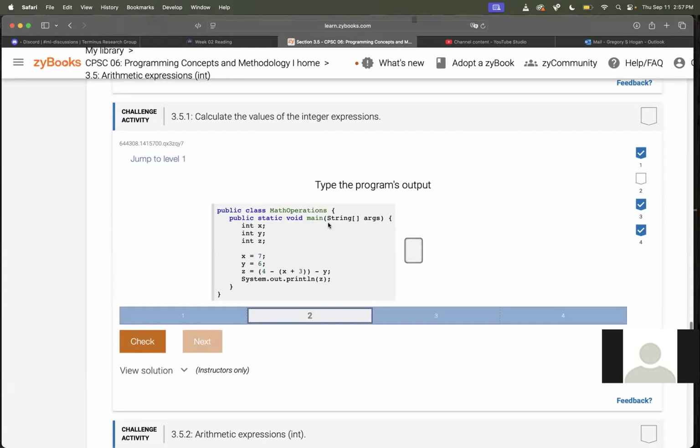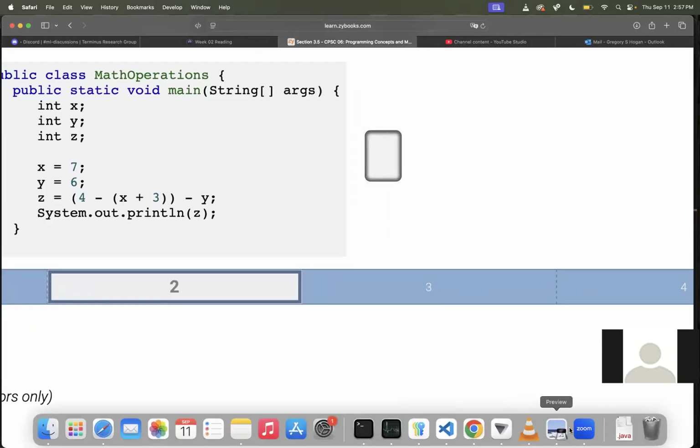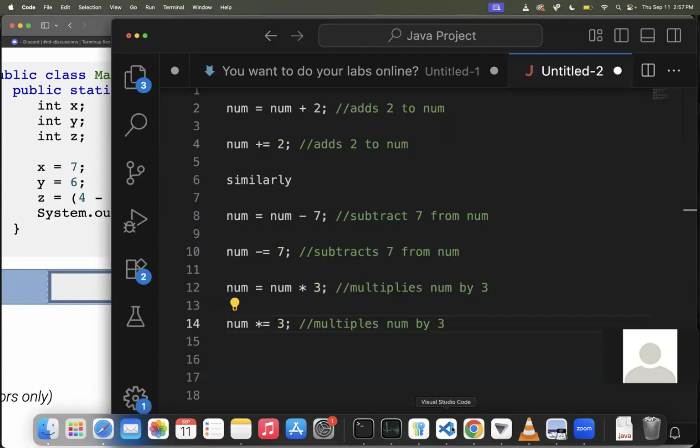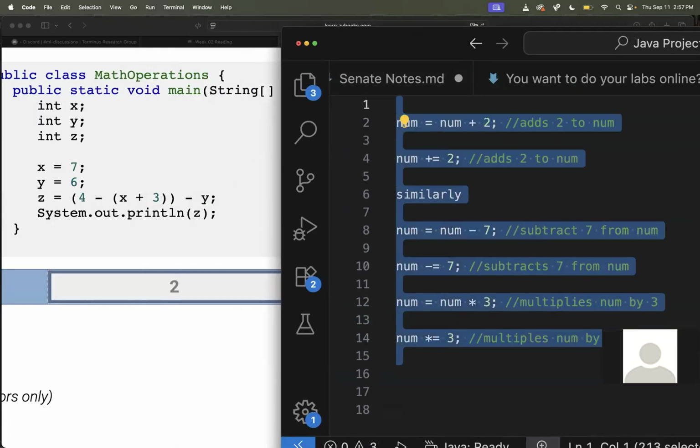Type the program's output. This is a little bit sneaky. Not sneaky, it's just that you have to think about the variables. So let me just delete all this.